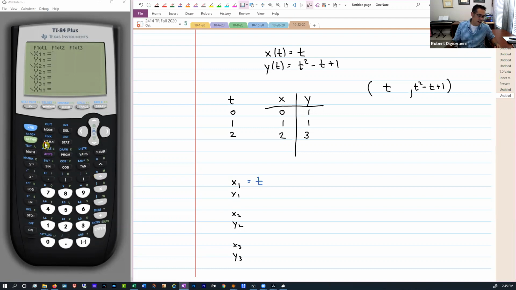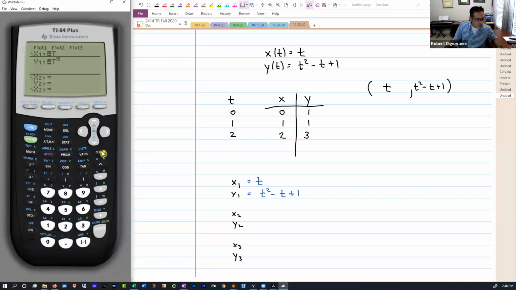You see the key that says X, T, theta, N? You're just going to hit that button and it's going to throw a T in there. And then my Y value, I want that to be the parabola, T squared minus T plus 1. So we're going to go down, hit enter. Next one, we're going to go T squared minus T.